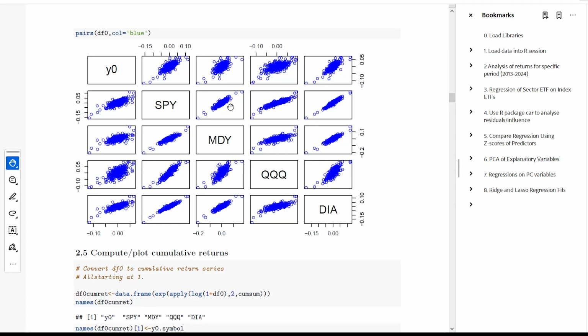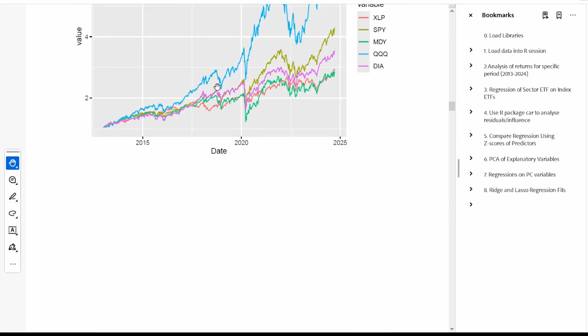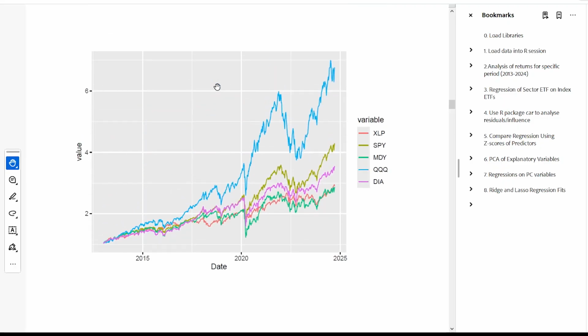In this example, I believe it was the consumer staples sector fund that I'm thinking of regressing on the SPY, which corresponds to the S&P 500, MDY, which is a mid-cap index, QQQ, and the diamonds. And here are the cumulative returns of these different ETFs over a 14-year period or something.